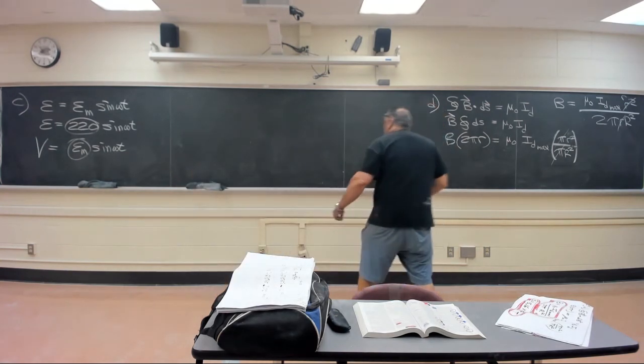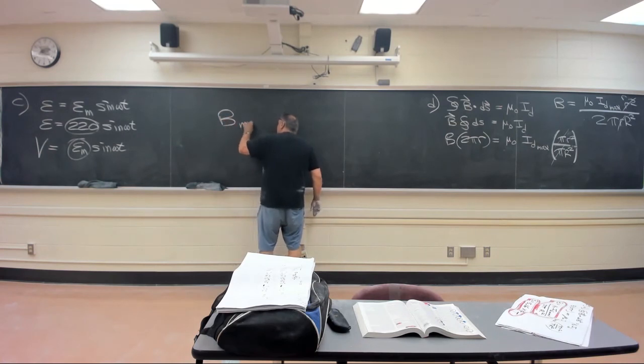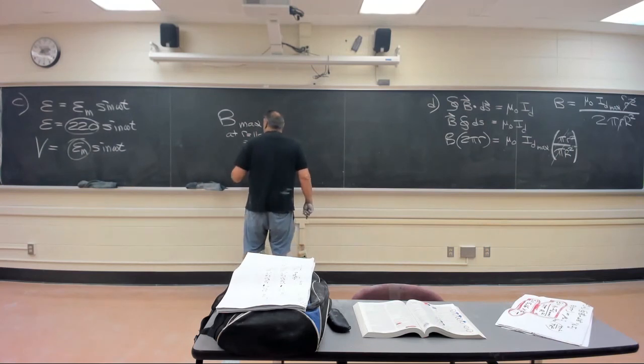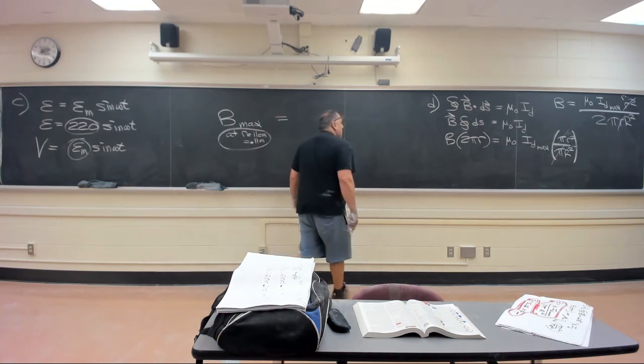what's going on here? Well, that's B, and that's B max at r equals 11 centimeters, equals 0.11 meters. That's the B max in that circumstance. What is that?